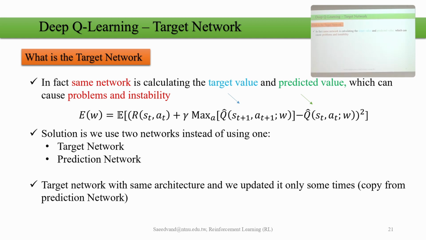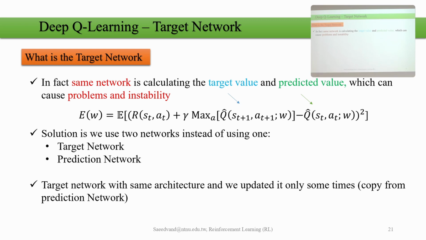Now let's have a little look. What is the target network? I said, okay, we can split it into two. In fact, we can create a network, whatever network we're defining.